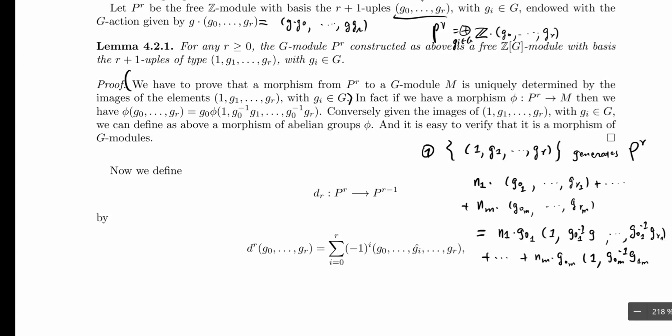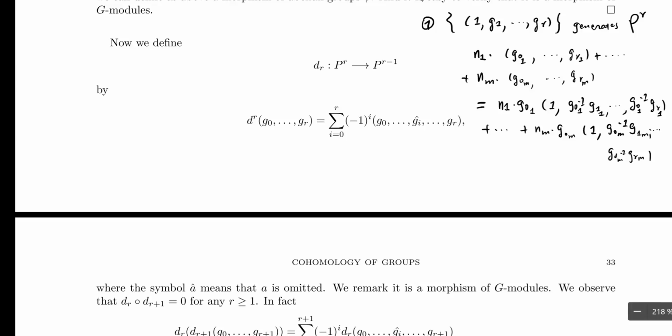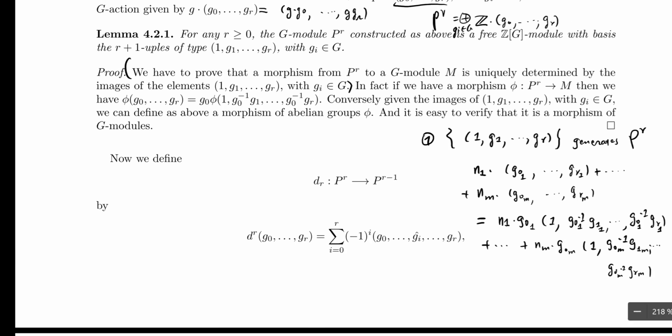Sorry, so here is g_11, g_R1, and so on, finally is (g_0M)^{-1} g_RM, because as a ZG module, the action of an element of ZG on this ZG module is by first applying g on it, the way we defined it, component wise, and then you apply the element of the integers on it.